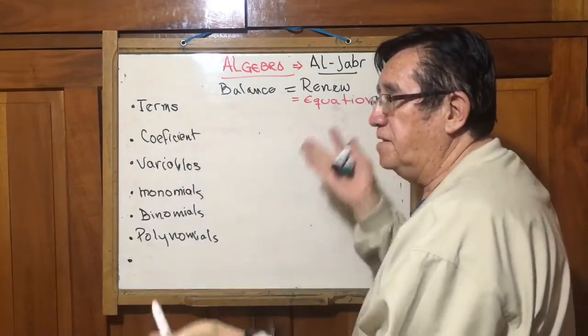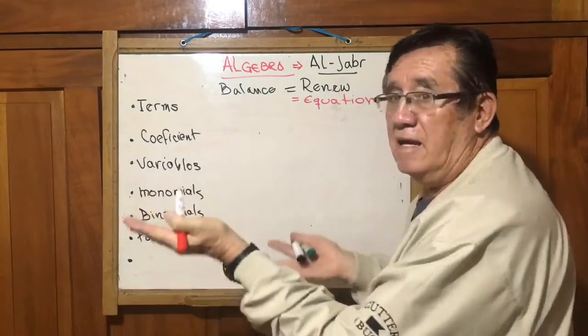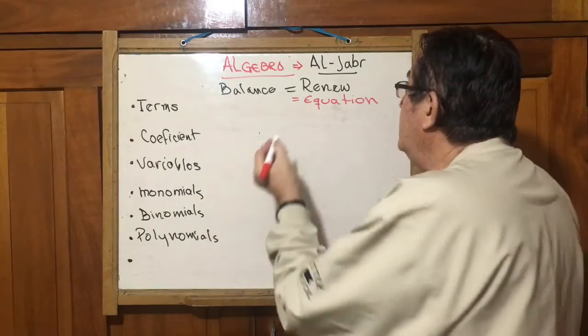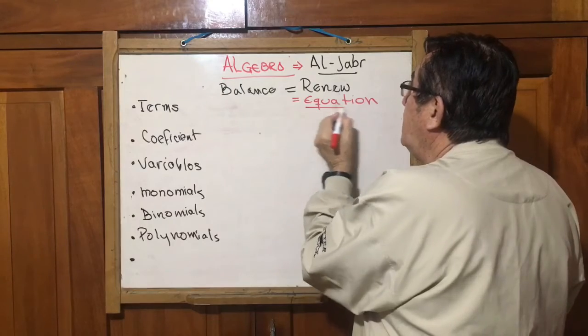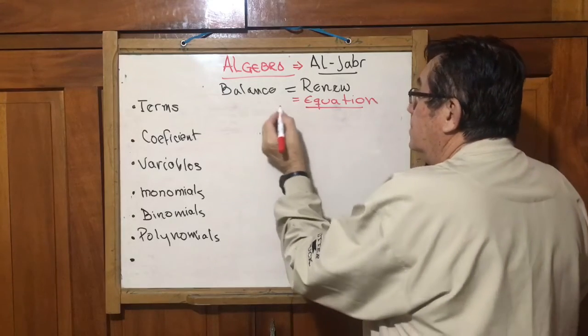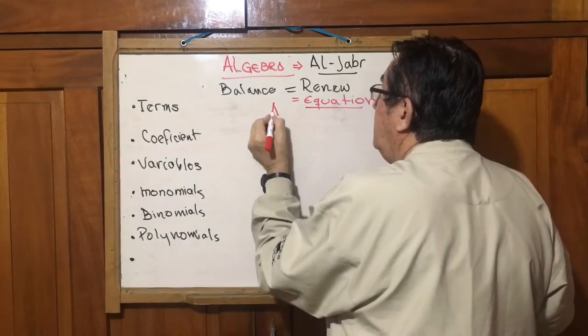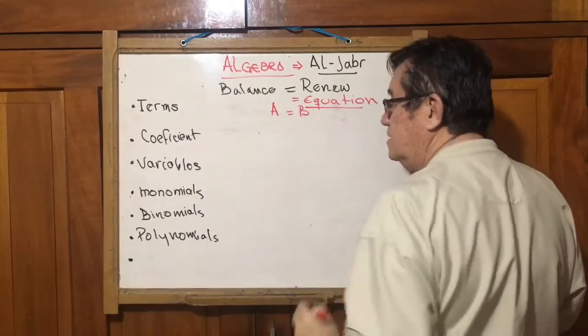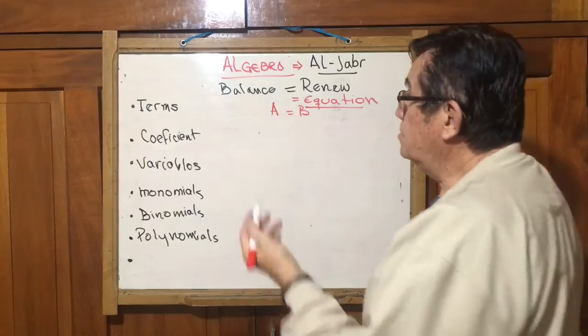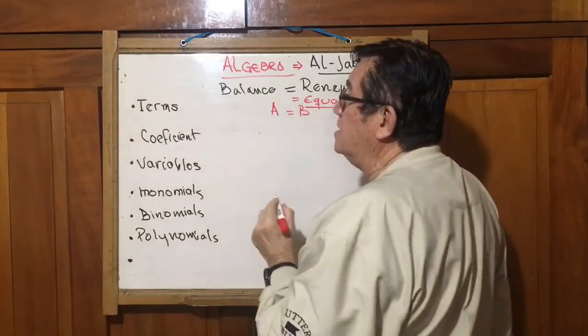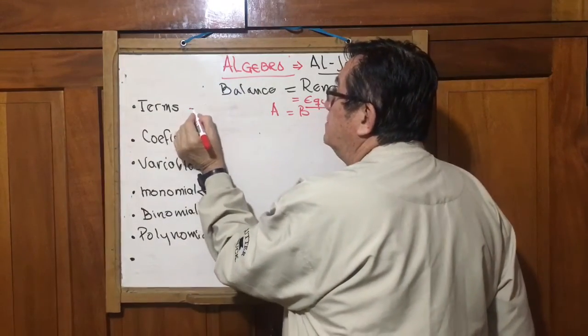Balance means that things should be very balanced, should be equal. That's why they have to renew everything through an equation. An equation is to make A equal to B, basically, okay? So they are balancing.